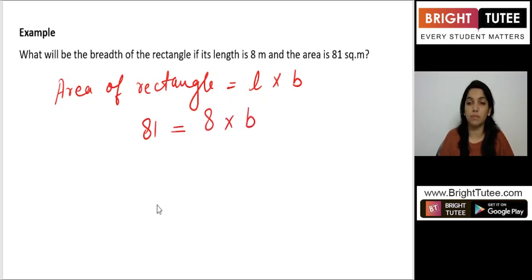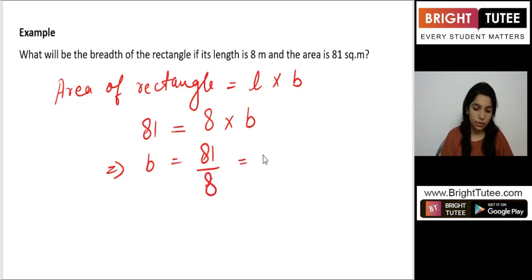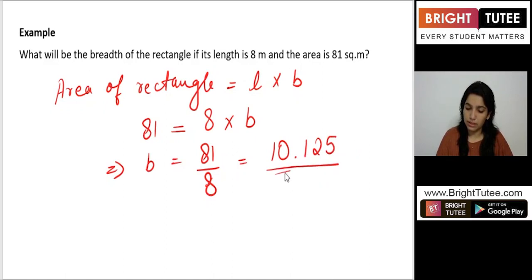So let us keep it B. This implies that B, that is breadth, is equal to 81 divided by 8. So if we divide 81 by 8, the answer comes out to be 10.125, and this answer is in meters.